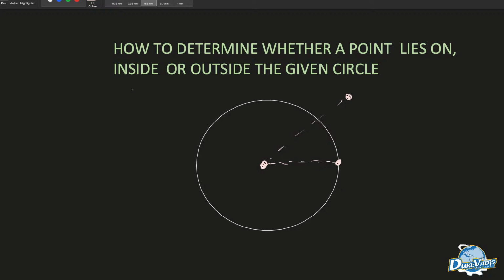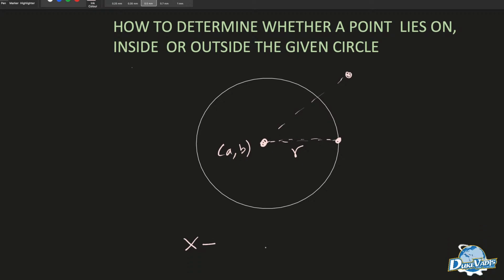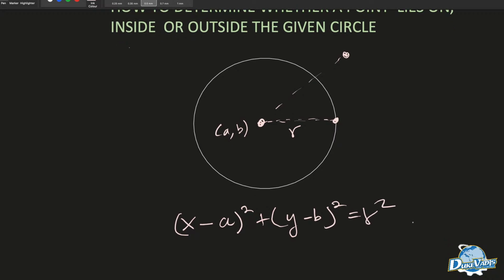So we know that the equation for a circle, given the radius r and the point (a, b), can be written as (x minus a) squared plus (y minus b) squared is always equal to r squared.